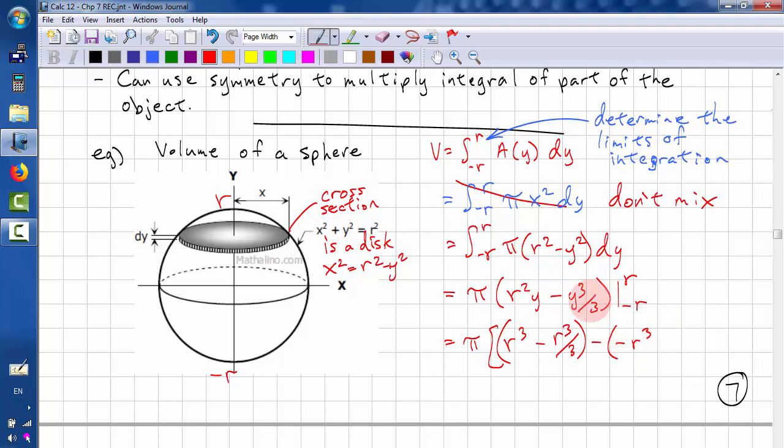And this becomes positive. There's two negatives. So we have r cubed over 3. Simplifying, this is 2/3 r cubed, and this is another 2/3 r cubed. So we have 4/3 pi r cubed.